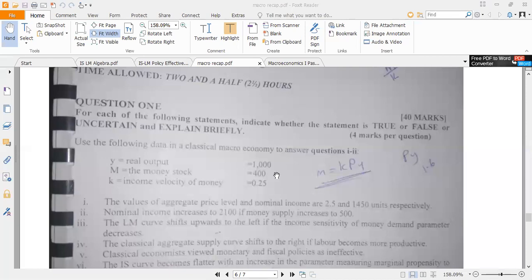So the nominal wage will increase proportionately to the initial increase in price. And as a result, there will be no change in the real wage. When you go to the labor market and there's no change in real wage, it means there will be no change in labor supply, there will be no change in labor demand. So the N won't change and the Y too won't change. That is why monetary policy too is not effective in that system.